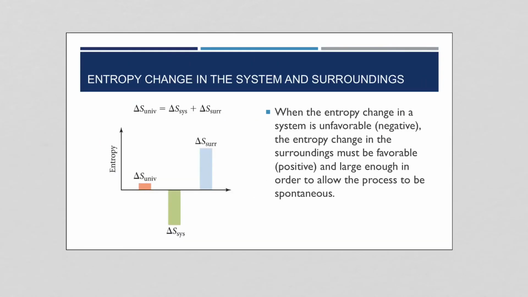So let's look at some graphs just to drive this home. So for example, graphically, if I have a decrease in the entropy of the system, then my reaction must be exothermic enough to cause a bigger increase in entropy of the surroundings so that my overall entropy change of the universe is positive.